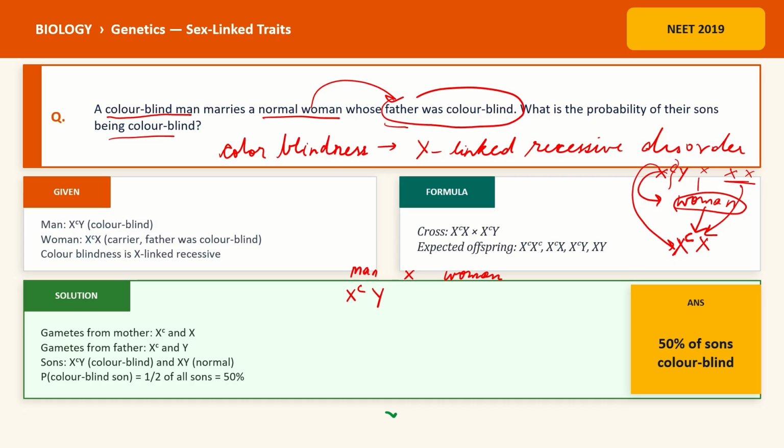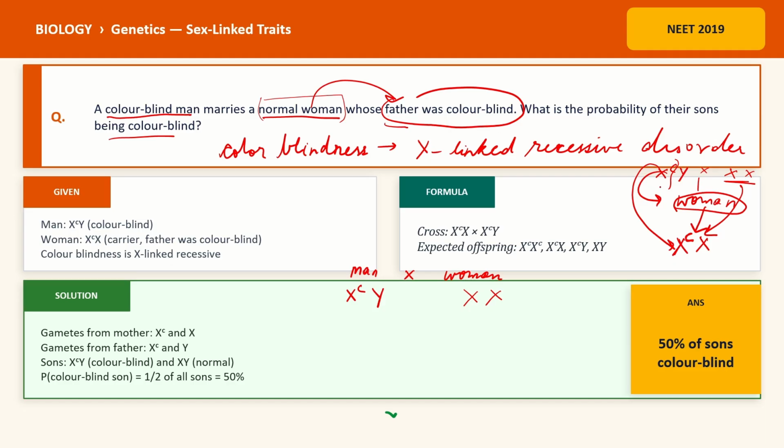So this is how the NEET questions trick you. If I just read this question, I will take the genotype to be simply XX because it is written here a normal woman. But here is the trick: after that it is written that the father is colorblind.